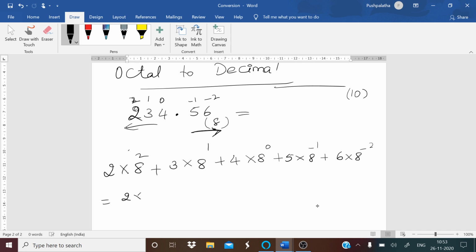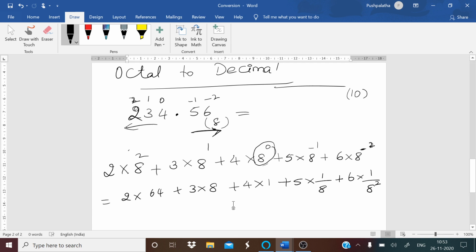So this is 2 into 64, plus 3 into 8, plus 4 into 1, plus 5 into 1 divided by 8, plus 6 into 1 divided by 8 to the power of 2.